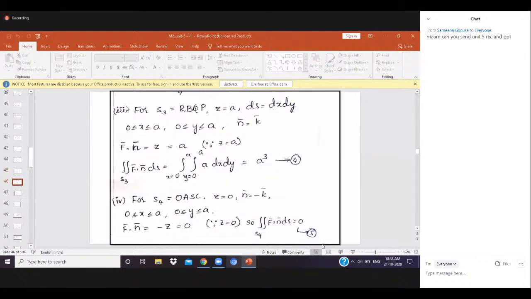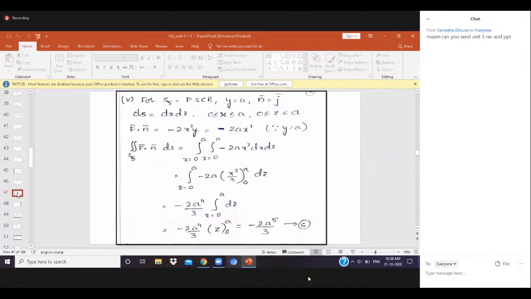Similarly for the next surface S3, z equals a, the unit outward drawn normal n bar equals k bar. Integrating, we get a cube. Similarly for the opposite side, f bar dot n bar equals 0 minus z, but z equals 0 on this side, so the integral value becomes 0.